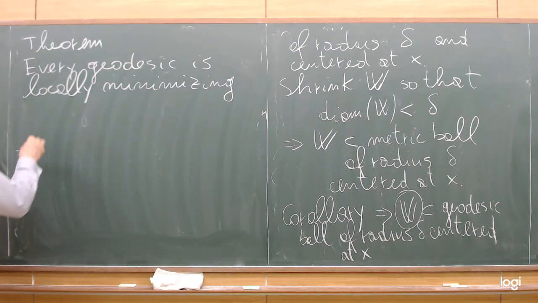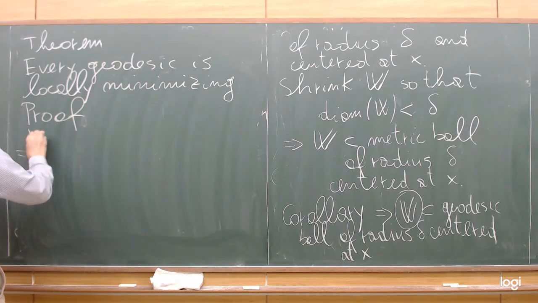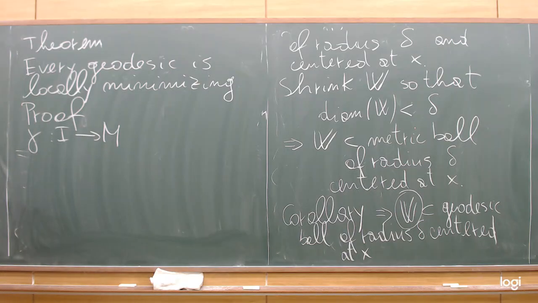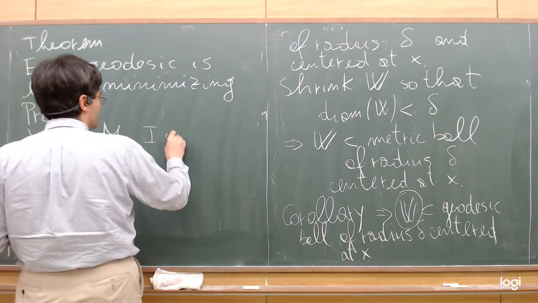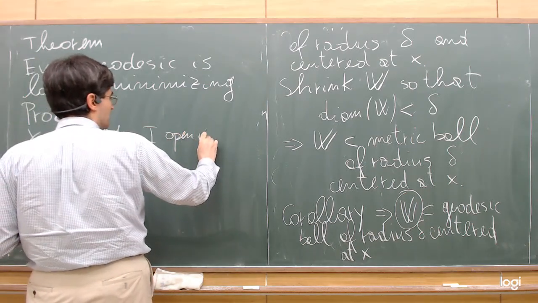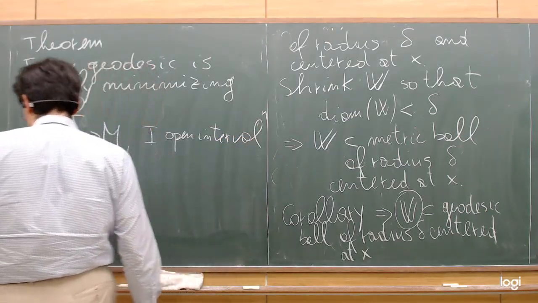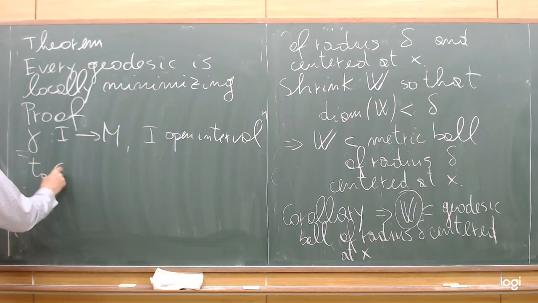So suppose that gamma is a geodesic curve in M. We can suppose that I is an open interval, up to considering an extension, and fix T0 in I.